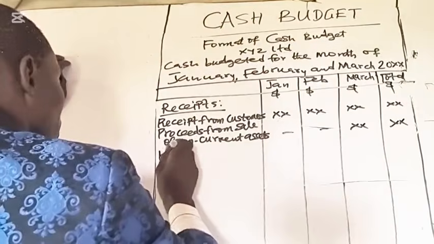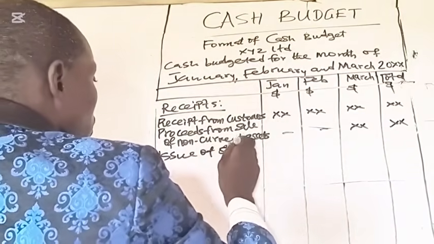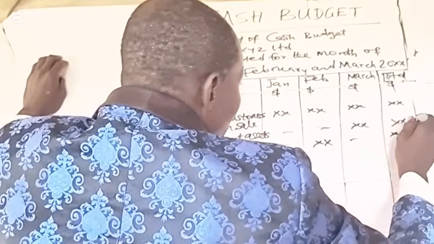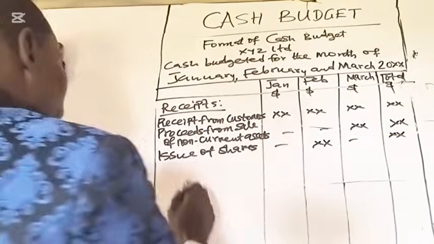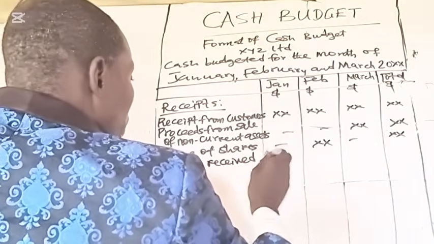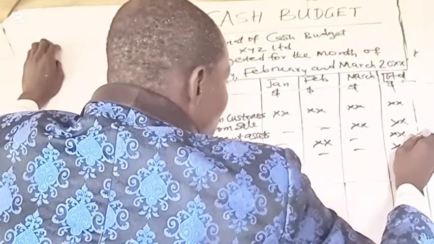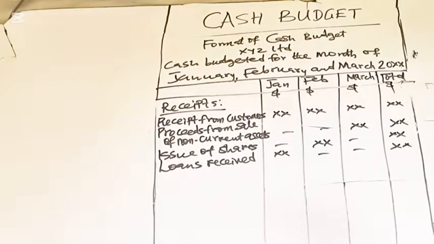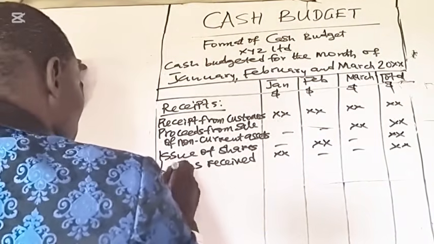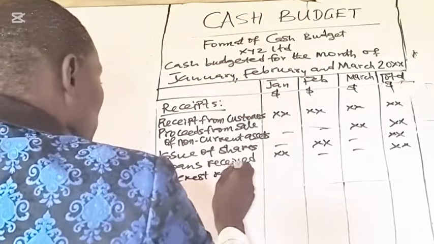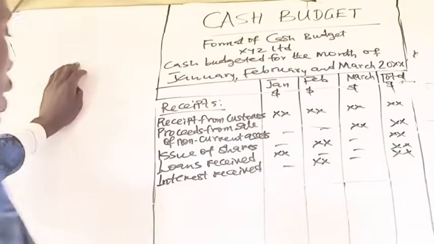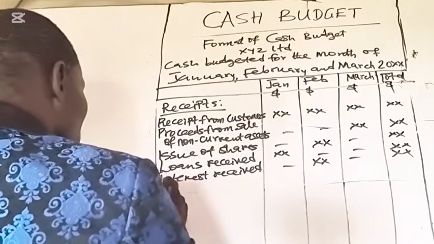Issue of shares. Let's assume the shares were issued in February. Then loans received. If the loan is received in January, you include it in the month of January. Interest received. Let's assume the interest was received in February. Then rental income.